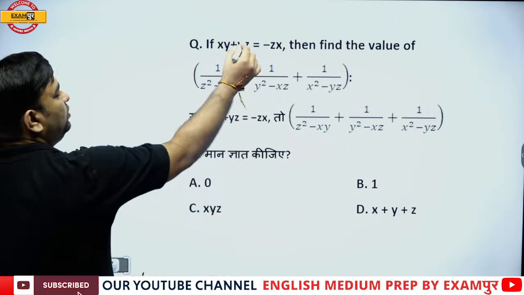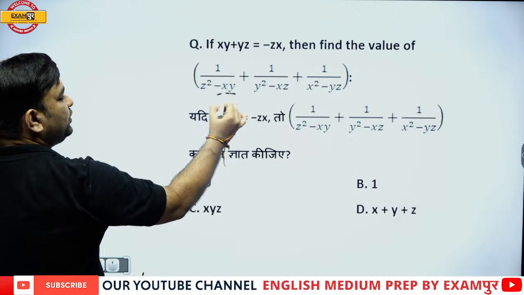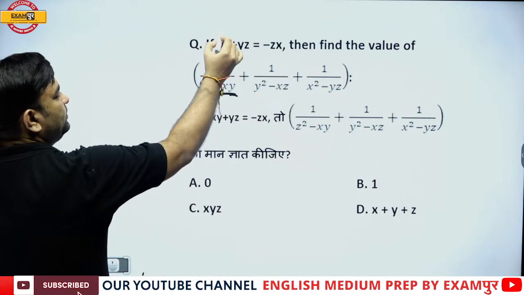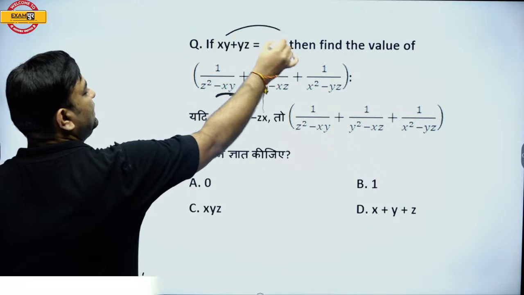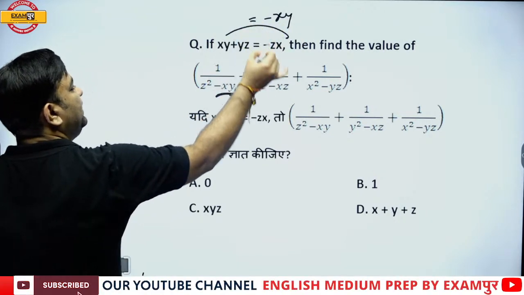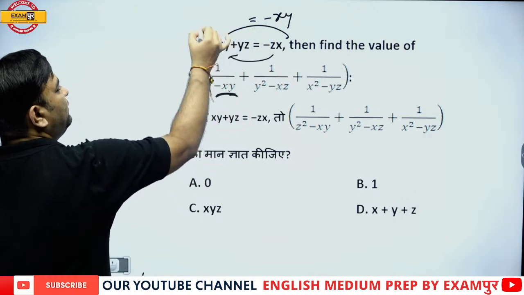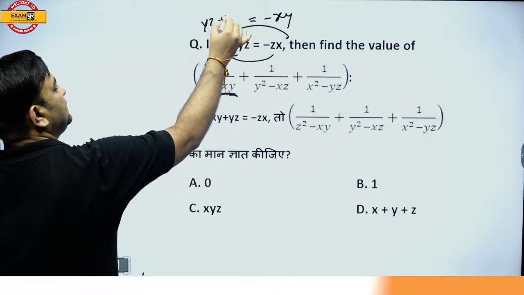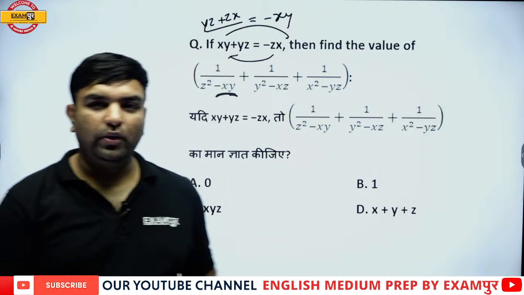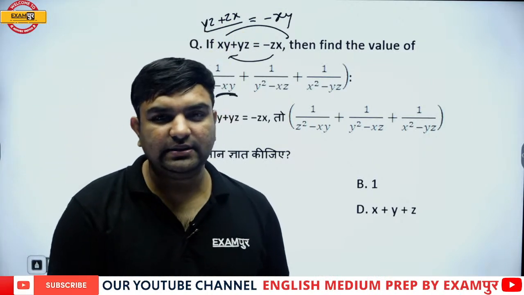I am talking about the minus xy here. If you send this over there, it will become minus xy, and if you take it over here, it will become yz plus zx. So can I say minus xy can be written as yz plus zx?